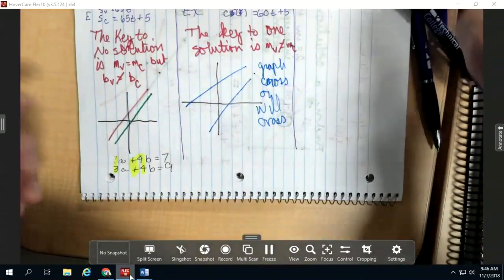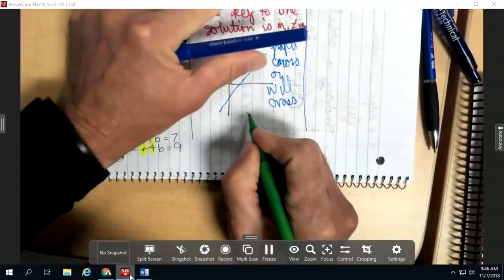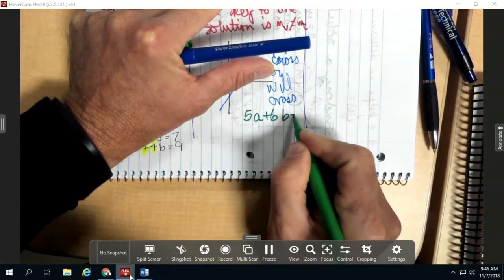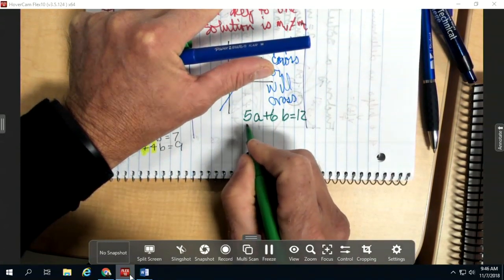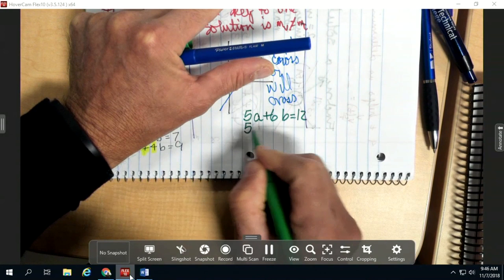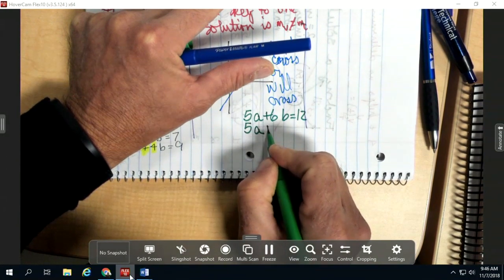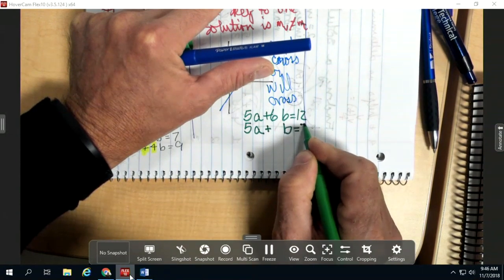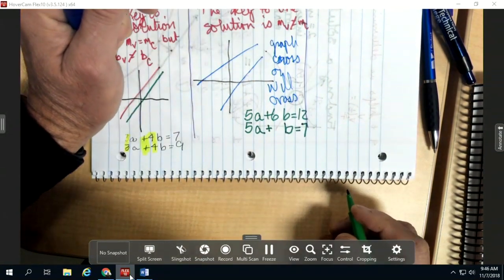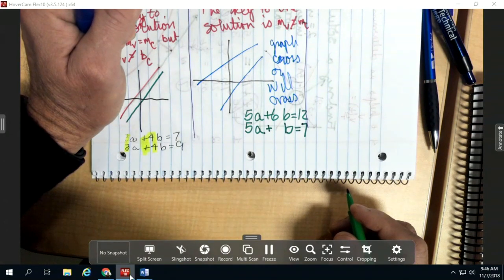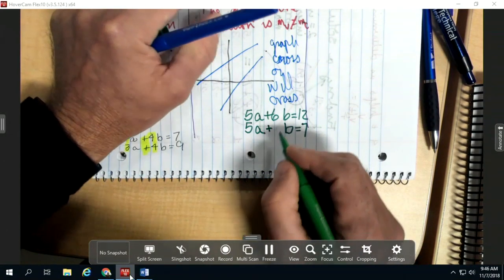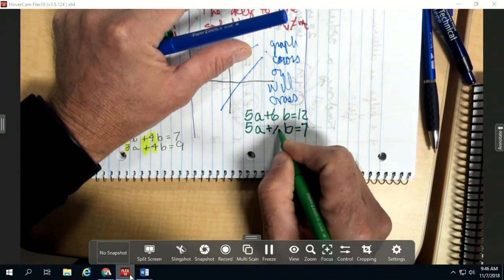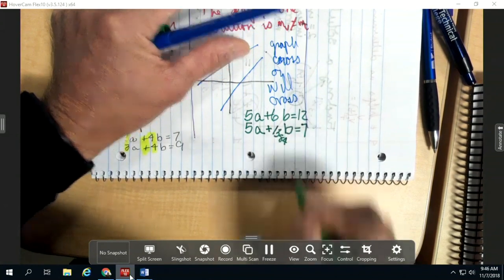And then if we were going to do the 5a plus 6b equals 12. 5a plus any number of b except 6 will make it work. 1,384.